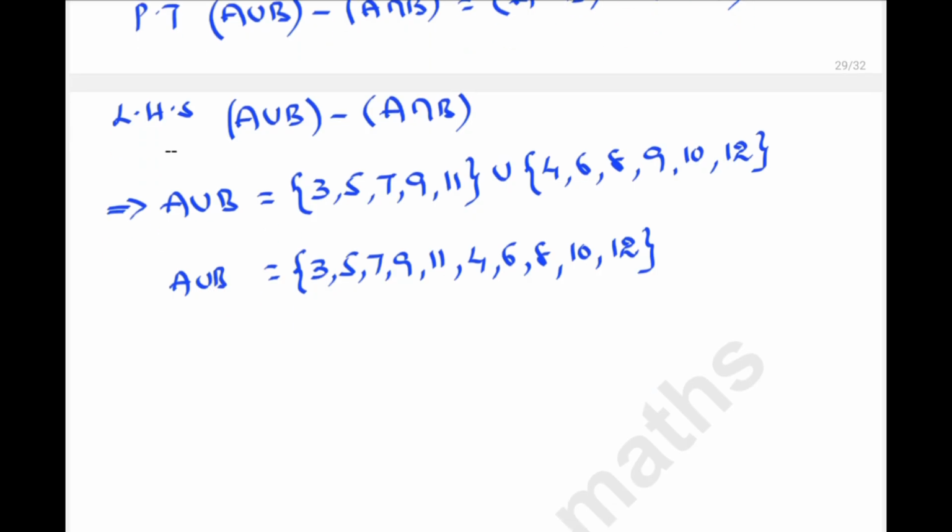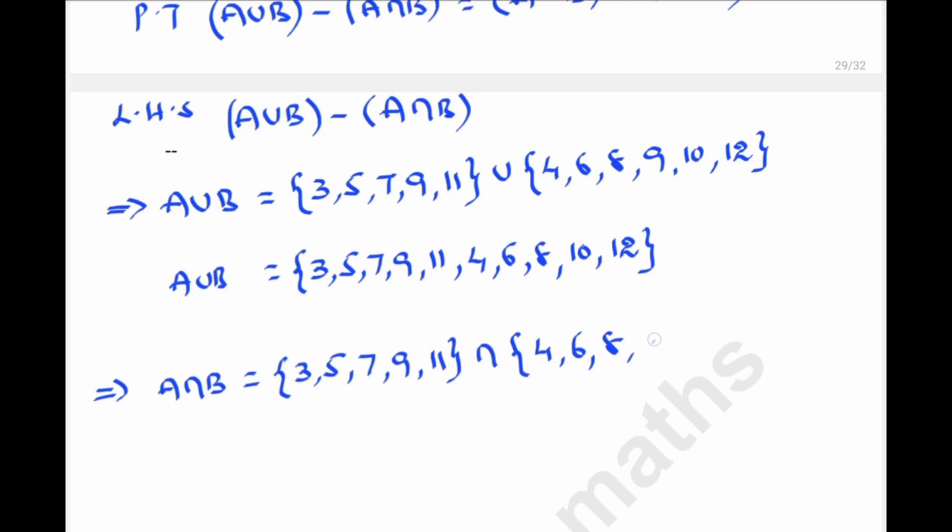Now coming to A intersection B. So I am writing what is A? 3, 5, 7, 9, 11. Intersection 4, 6, 8, 9, 10, 12.